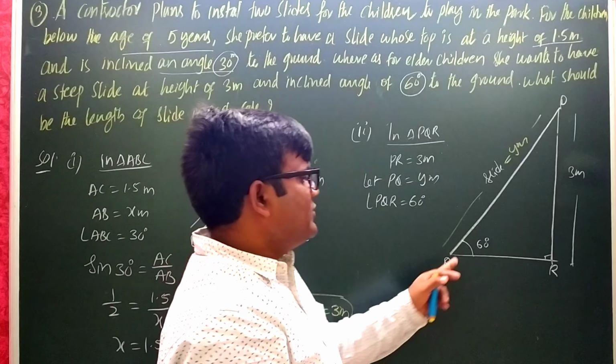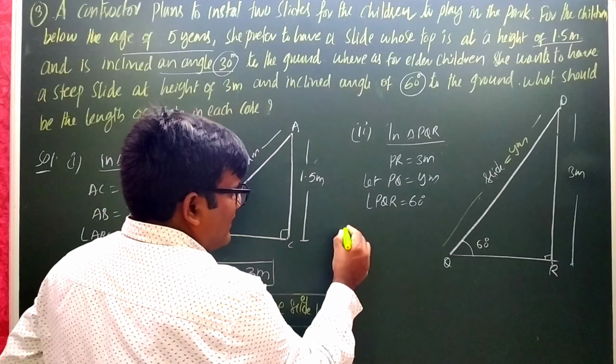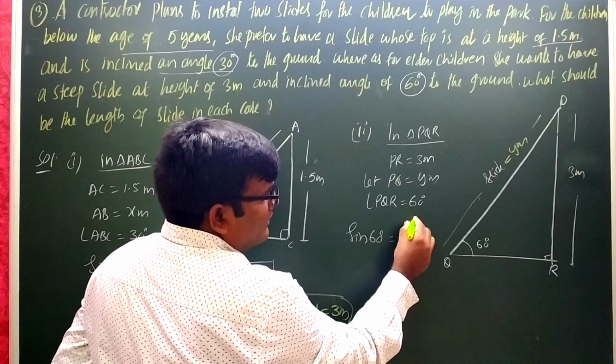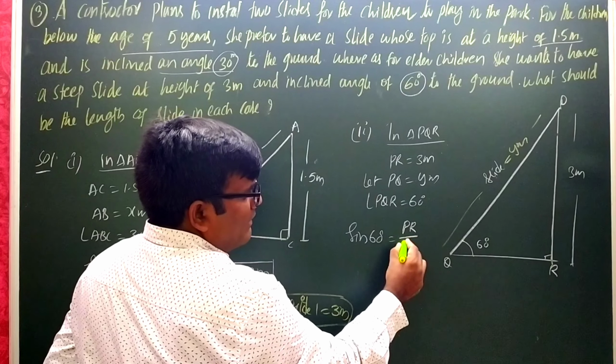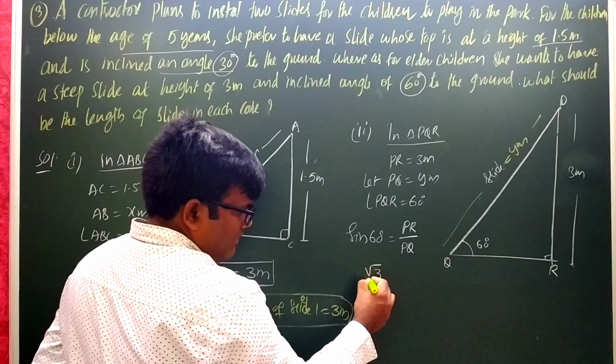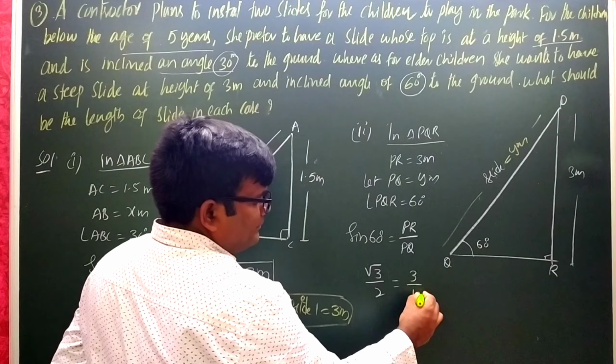Here also opposite by hypotenuse is sine. Sine 60 is equal to opposite length PR by hypotenuse PQ. So sine 60 value is root 3 by 2, equal to 3 by y.